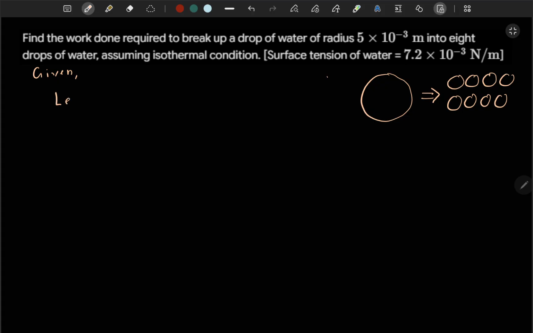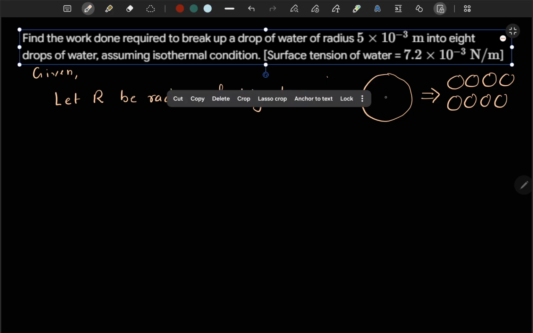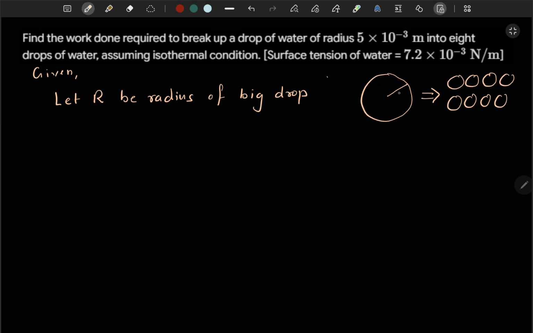First, we consider, let R be the radius of the big drop, this one, and small r be the radius of the small drop, this one.